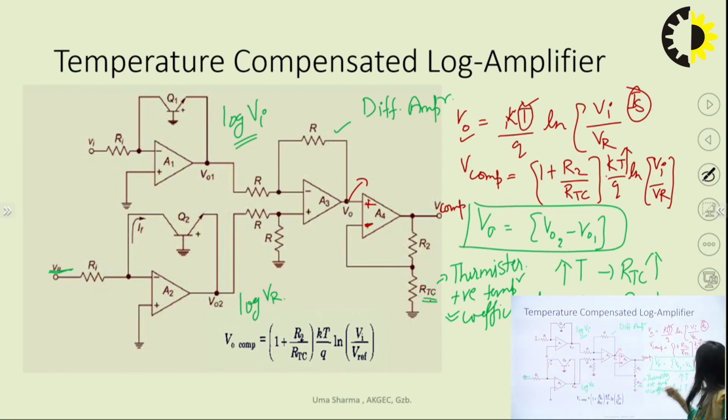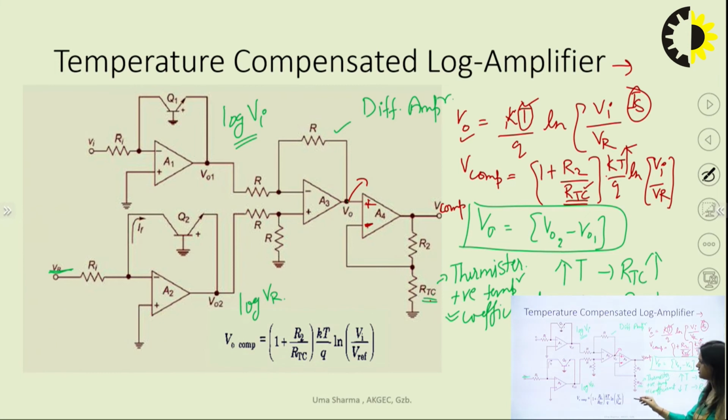At the same time, there is an increase in the value of RTC. So in the numerator there is an increase, and by the same factor there is an increment in the denominator. So this RTC is added to compensate for the temperature fluctuations. This is how temperature compensation can be achieved using an op-amp in the logarithmic amplifier.